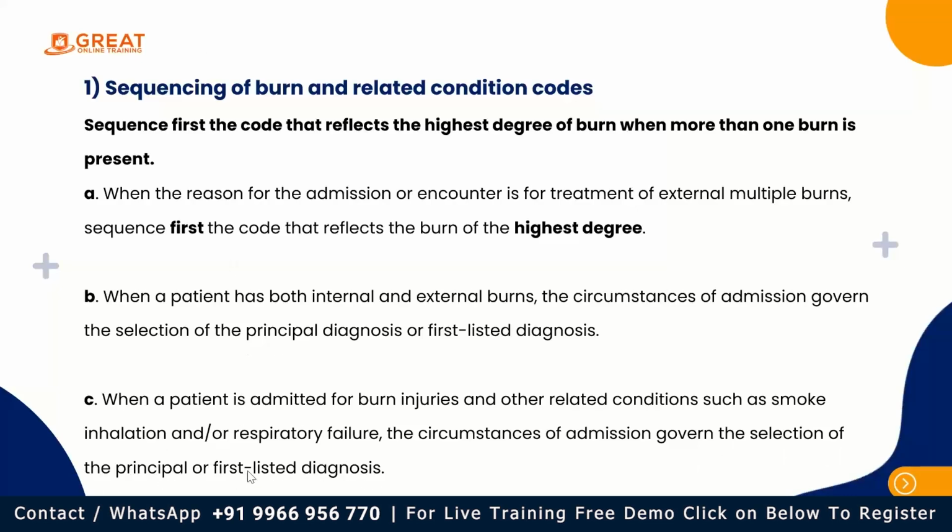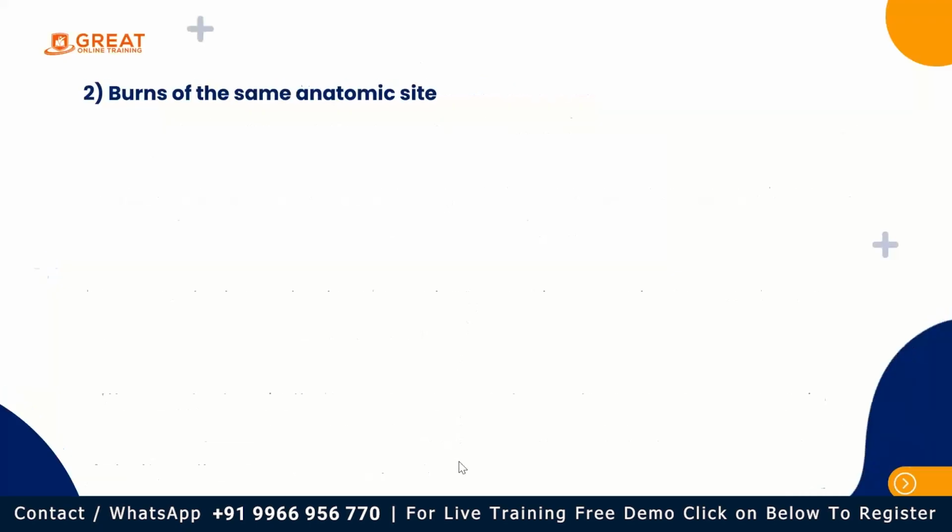In both cases, the same guideline applies. Circumstances of admission means the reason for admission governs the selection of principal diagnosis, because in medical coding we need to sequence the codes we are assigning. So it is very important. The first code is the main reason for encounter.